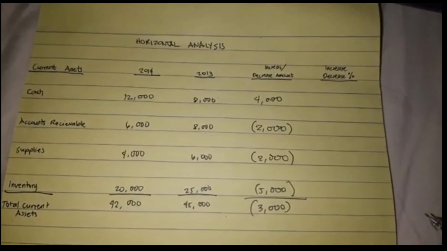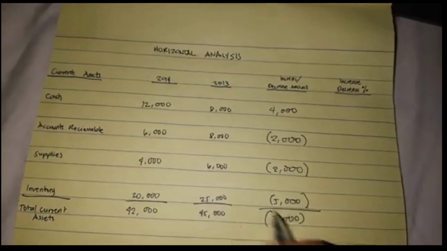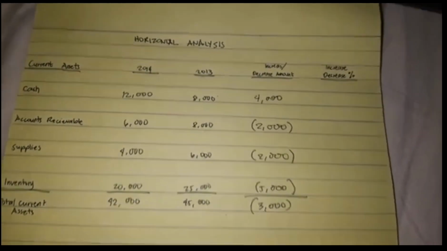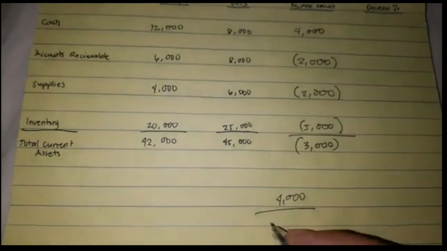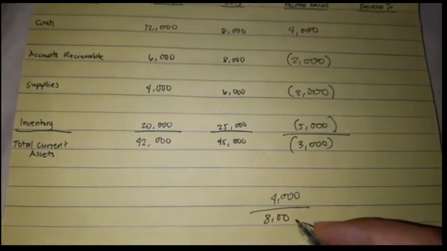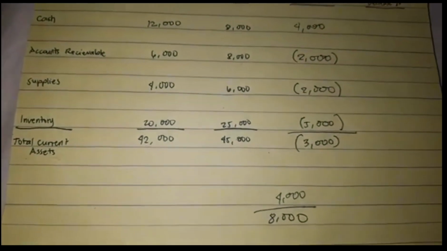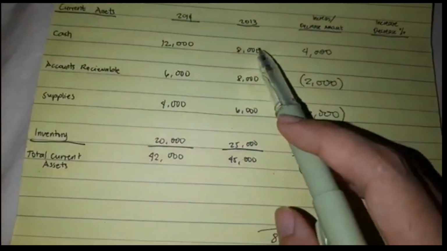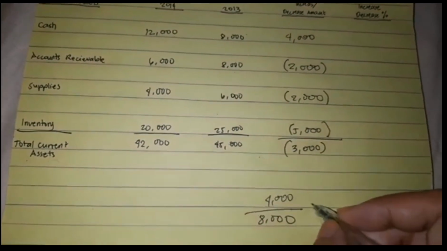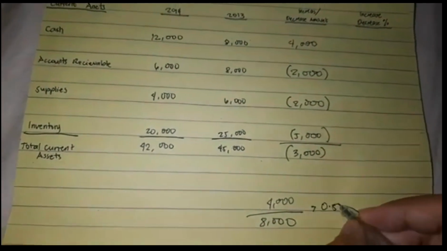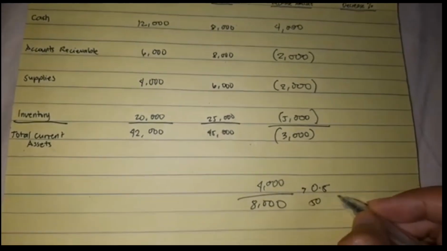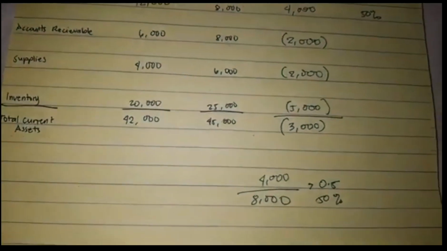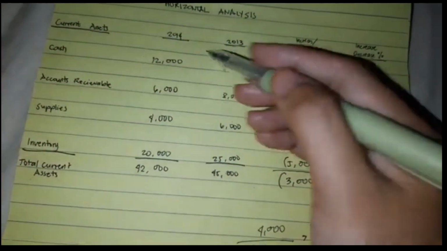Remember, always use the base year so that you are basing it off of 2013. My increase would be 0.5, which is 50%. So that is my increase in my cash account from 2013 to 2014.